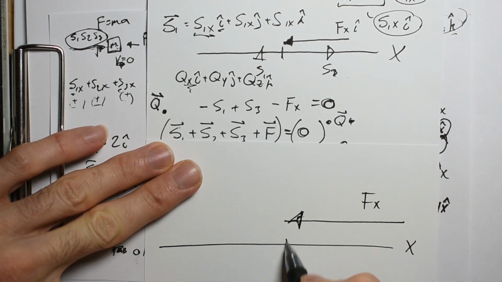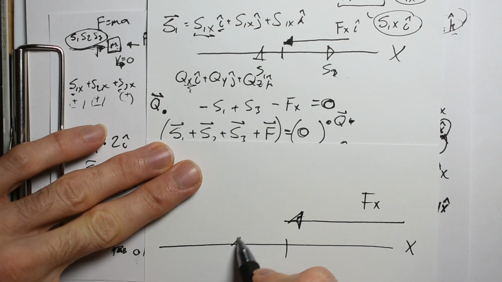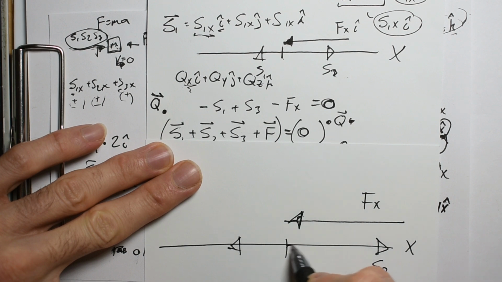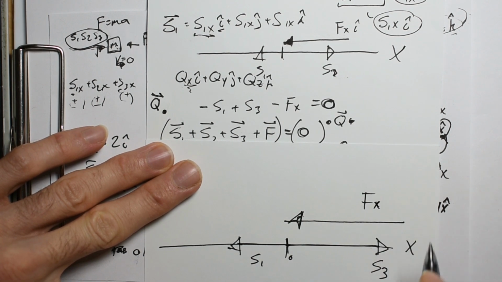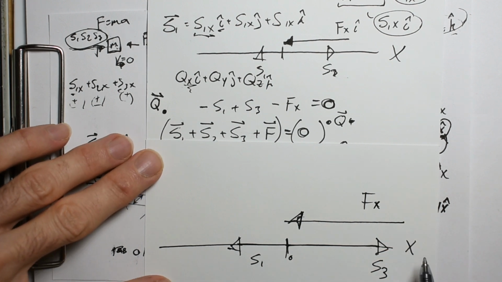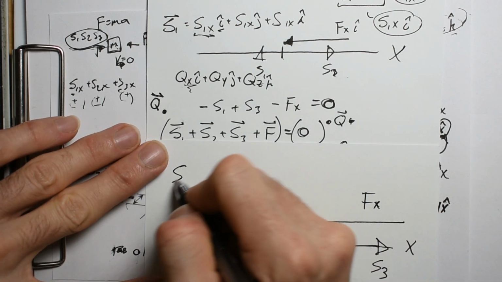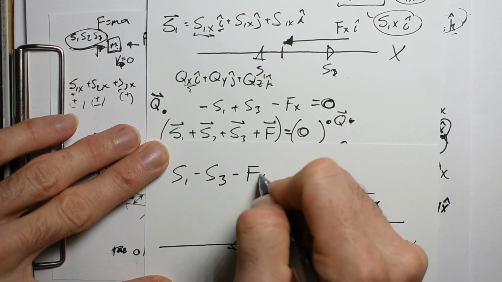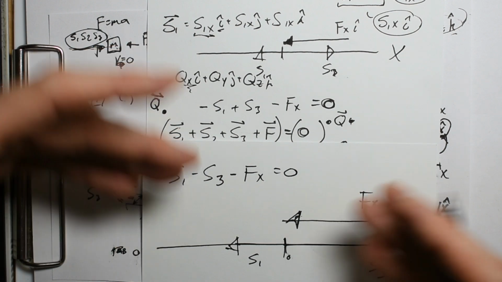And then my S1 is twice as big this way, and this S3 is twice as big that way. So this is S3, from there this is my origin, this is S1, and this is Fx. But same thing: when I sum the forces, they should be equal to 0, so we're going to have S1 minus S3 minus Fx. It's still 0, so you get the same thing.